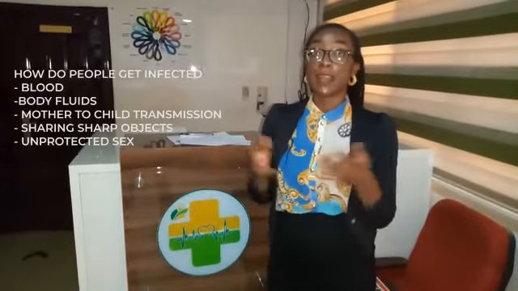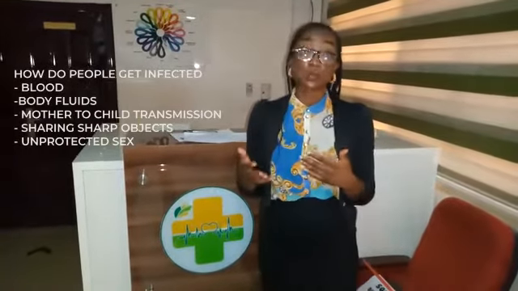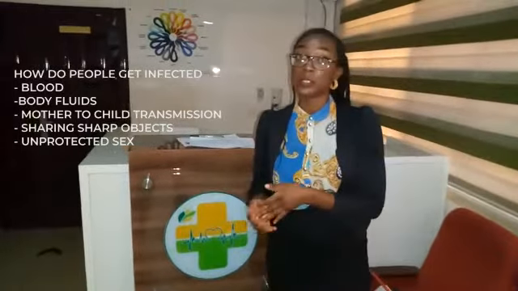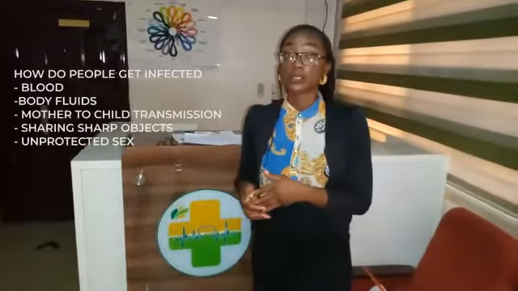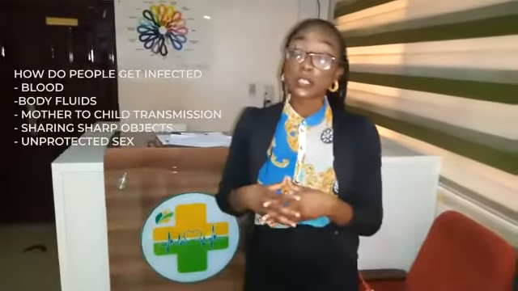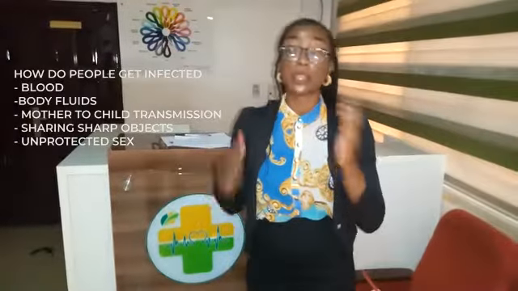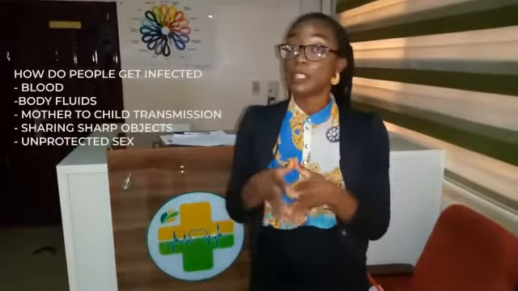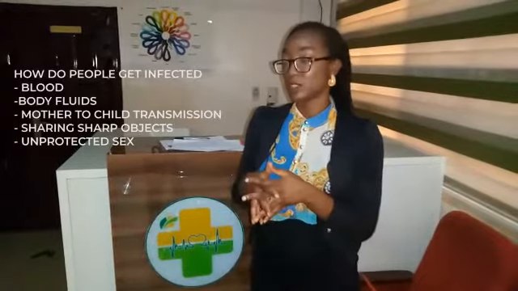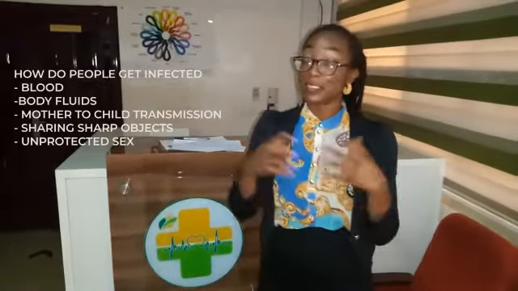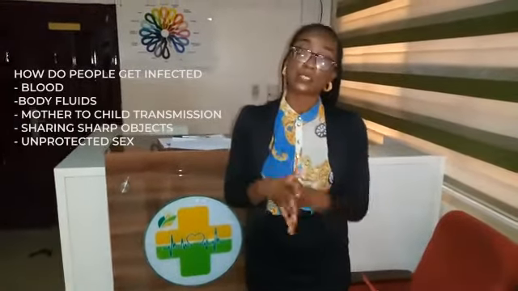The common routes of transmission are from a mother that is infected to a newborn child, which is a very important route, and also through sexual intercourse, sharing infected sharps, needles, razor, when you go to the barbers and you're not sure the clipper is well sterilized, blood transfusion that is not properly screened, and the likes, through blood and body fluids. That's how hepatitis B virus is spread.